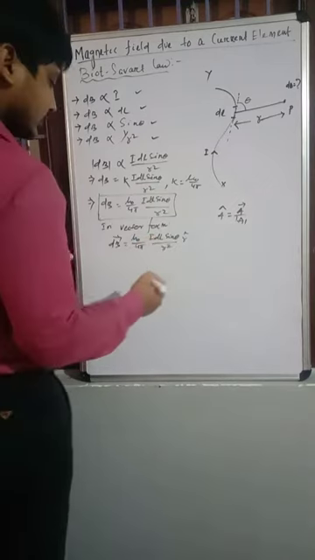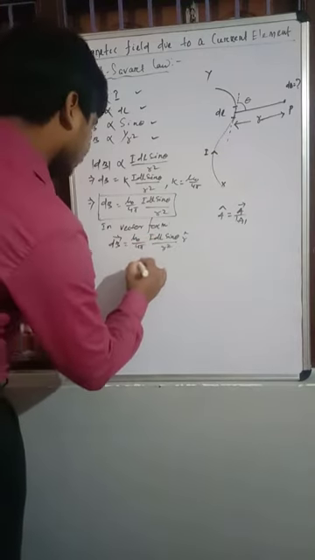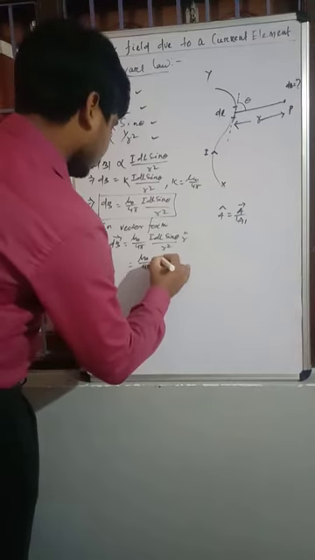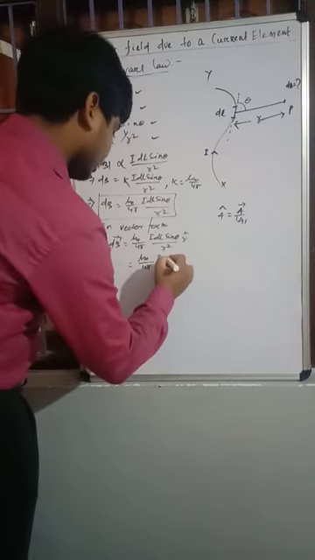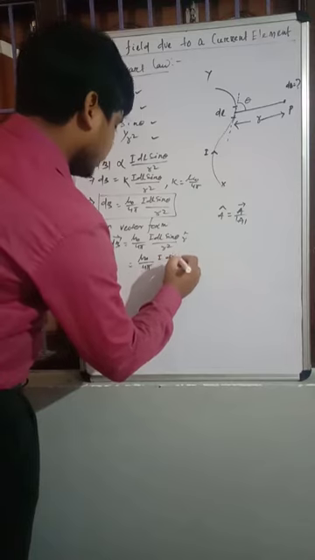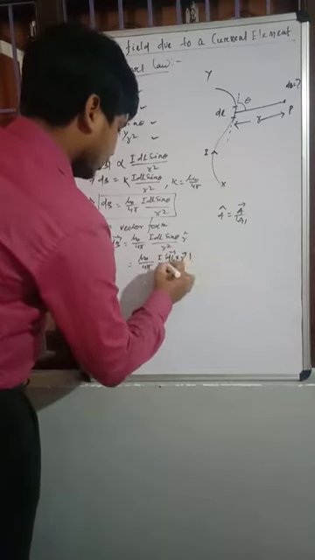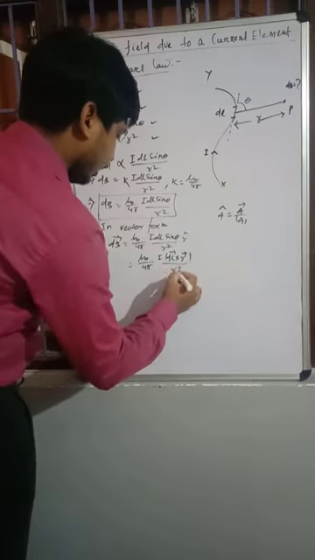So here you will get dB equal to mu naught by 4 pi I dl cross r divided by r cube.